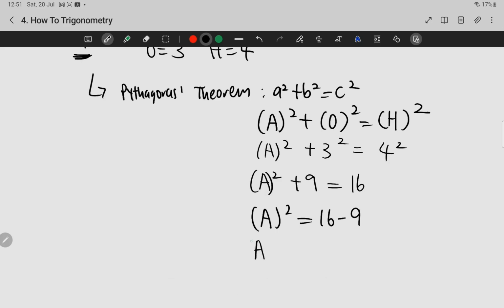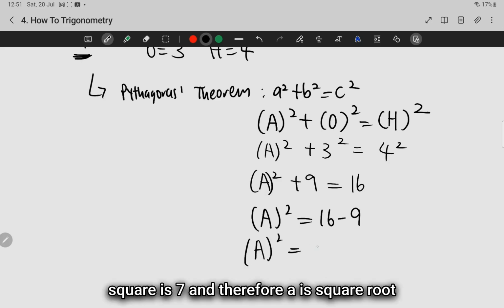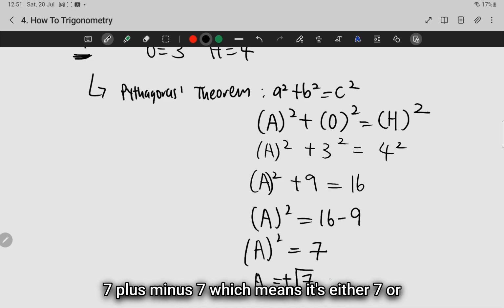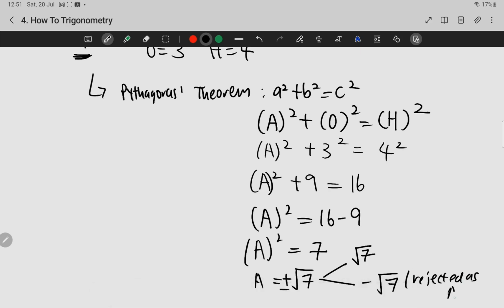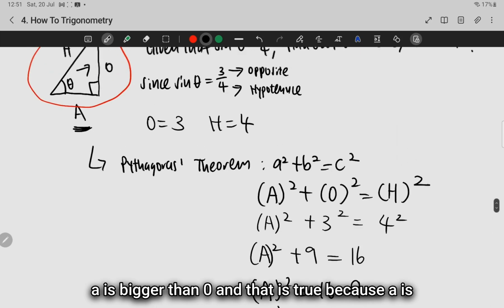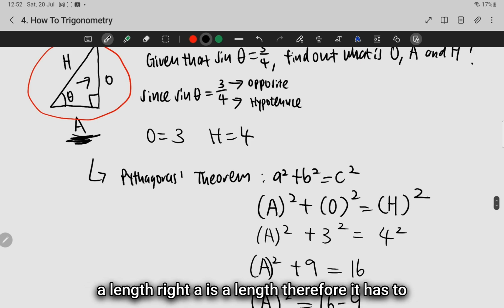A squared is 7. And therefore, A is plus or minus square root 7, which means it's either square root 7 or negative square root 7. But the negative is rejected as A is bigger than 0. And that is true because A is a length, right?